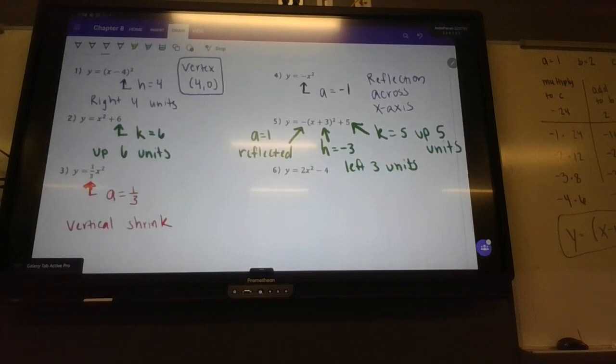And last one, A equals 2, so it's tall and skinny. This is the height doubled. We got double height on number 6. And then it's also dropped down 4.